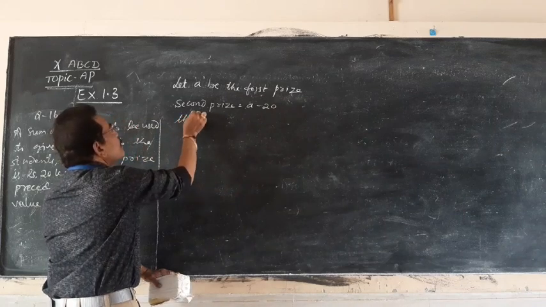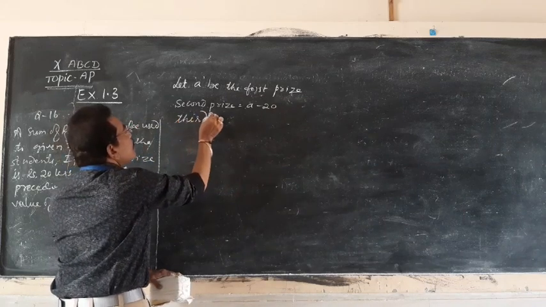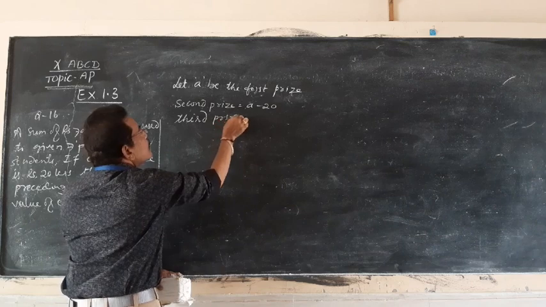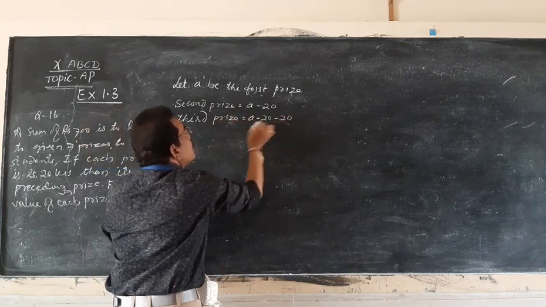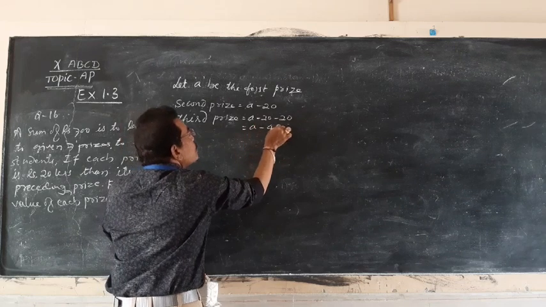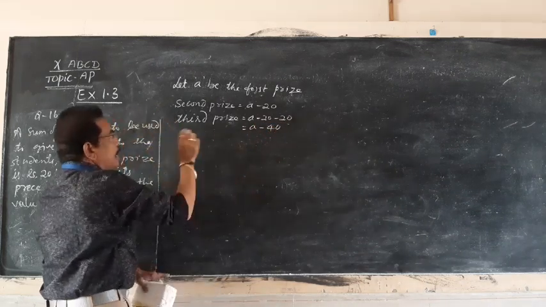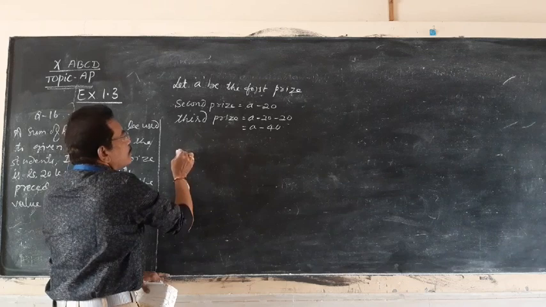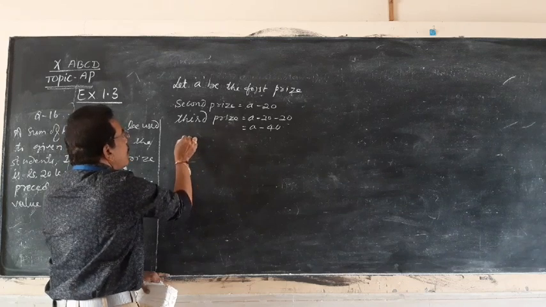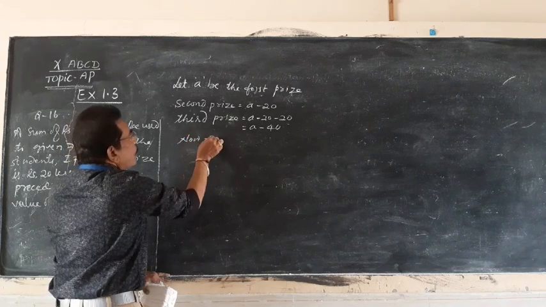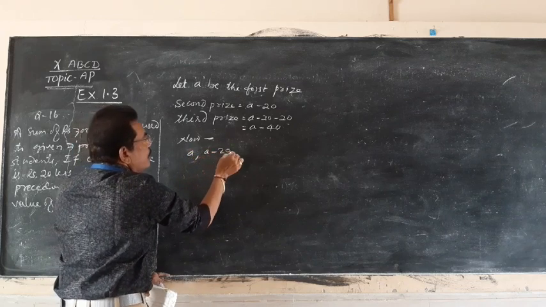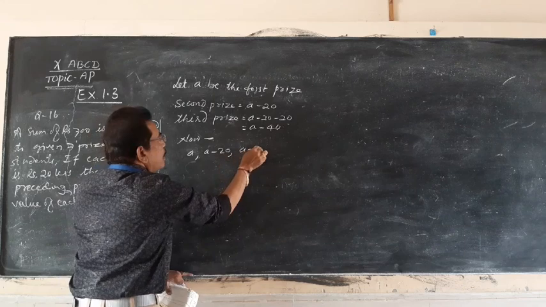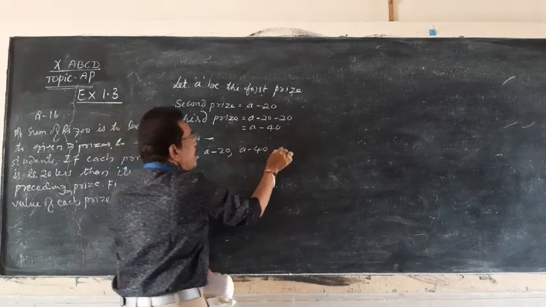Third prize, A minus 20 minus 20, that is A minus 40. Like this: A, A minus 20, A minus 40, and so on.